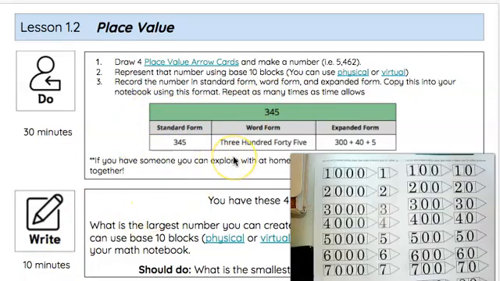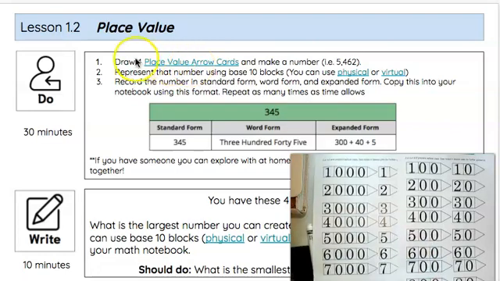This activity can be really fun at home if you have someone to do it with, like a partner, a parent, or a sibling. All you do is use your place value arrow cards to draw and create a number. For example, you might create the number 5,462.